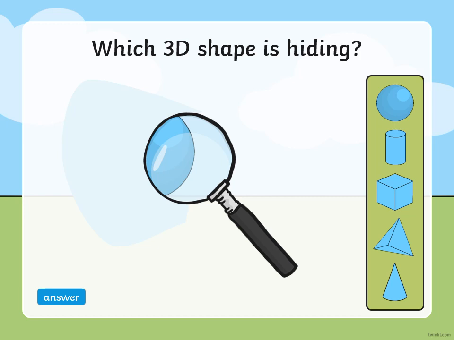Let's check the answer. Great, a sphere. Have a look again. Through the looking glass, what can you see? I can see a pointy edge as well. That's right. What shape could it be?